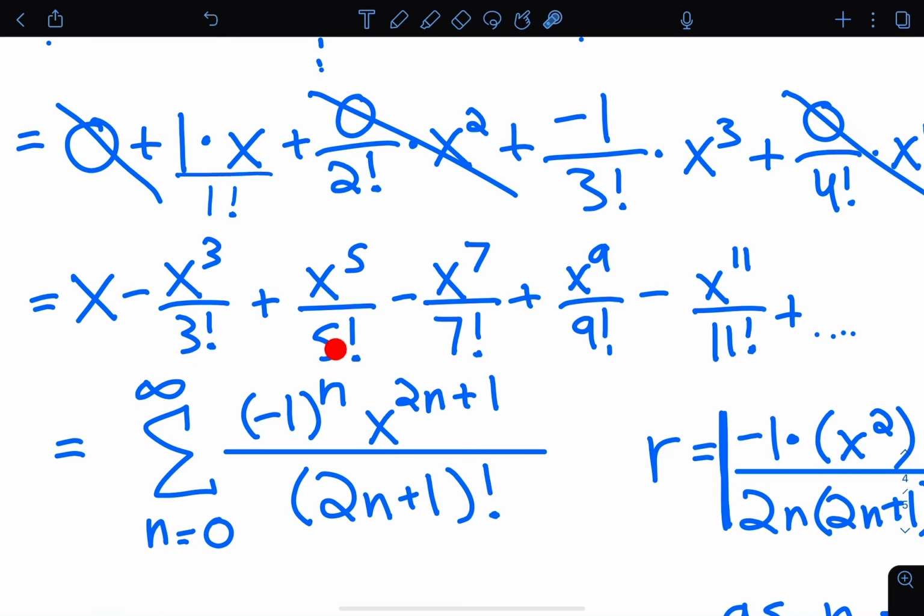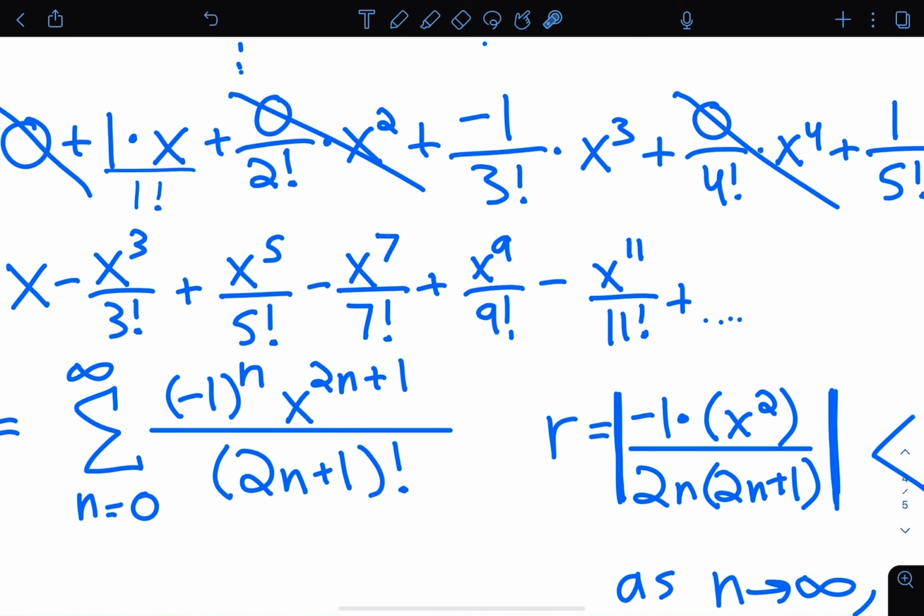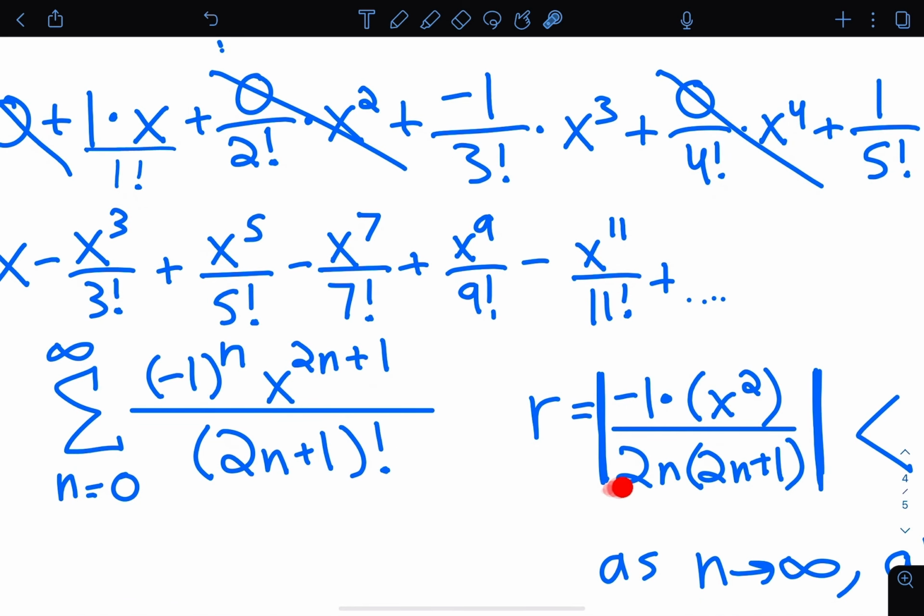So from 3 to 5, I'm multiplying by 4 and 5. From 5 factorial to 7 factorial, I'm multiplying by 6 and 7. So I'm multiplying by 2n and 2n plus 1, the two biggest terms. That's how I get the next one, okay?